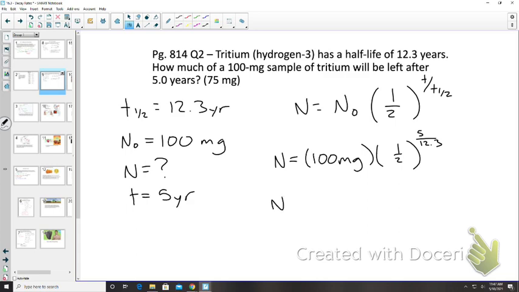Okay, punch those into your calculator and we should find that we have 75 milligrams remaining. Okay, so that is how to calculate half-lives, either to find the age of an artifact, or you can also find the amount of a sample that will be remaining after a certain time period.